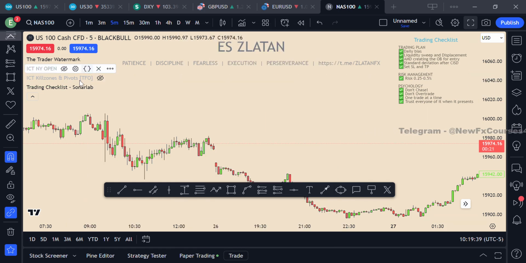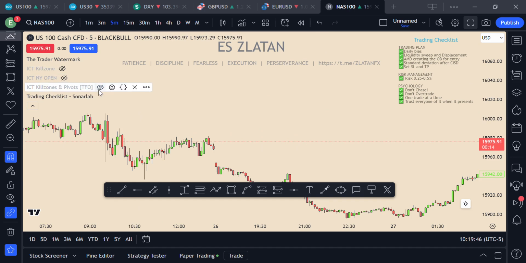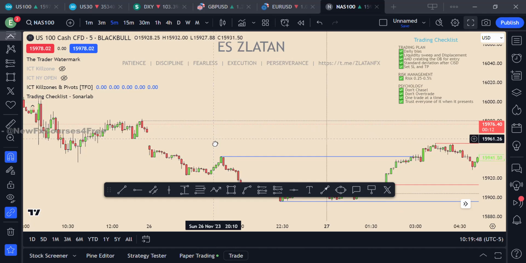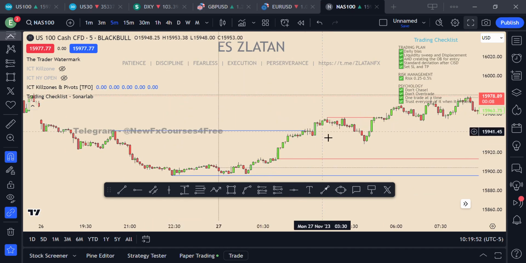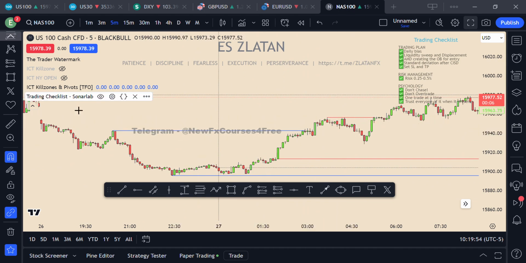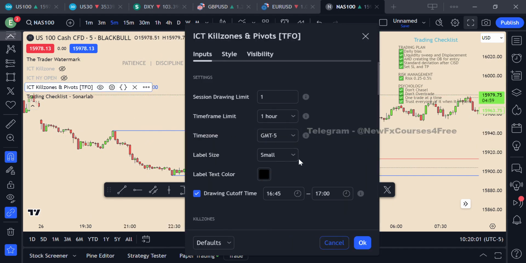And you can use this to identify the ICTK zone and pivots, to identify your highs and lows: the London high, the New York high, and the Asian high.